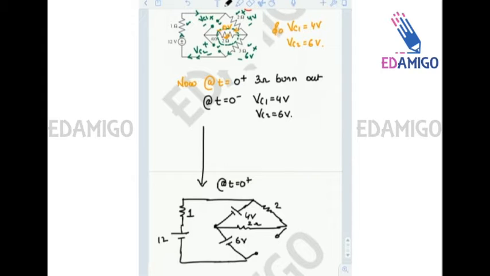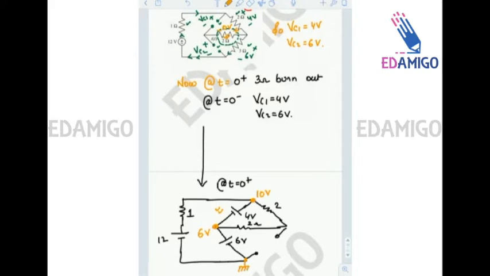Now since this is open circuited, and let us say this point is grounded, this point is at 6 volts. So this point will be at 10 volts because of this 4 volt battery.